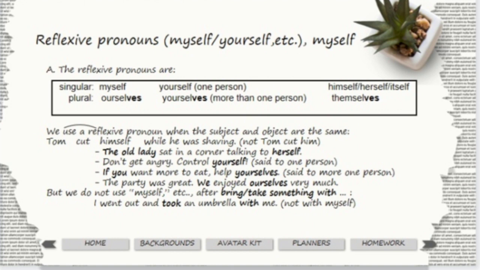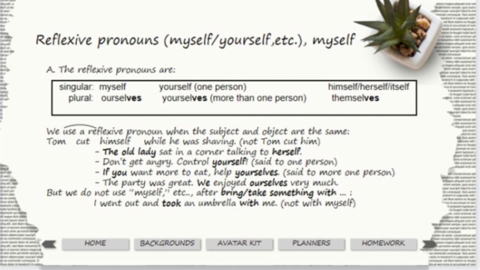The next, reflexive pronouns, myself, yourself, and etc. A. The reflexive pronouns are singular: myself, yourself, it is one person, himself, herself, or itself.